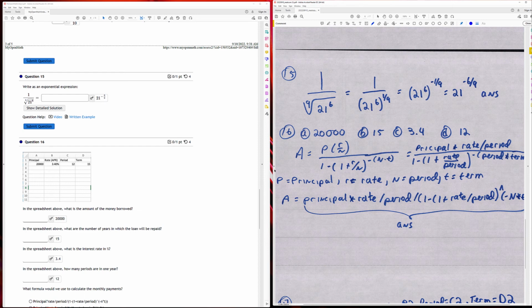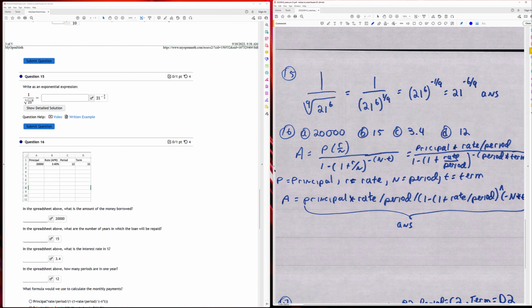Part number 16. In the spreadsheet above, what is the amount of money borrowed? It's 20,000. In part B, what are the number of years the loan will be repaid? It will be repaid in 15 years. And in the spreadsheet above, what is the interest rate?